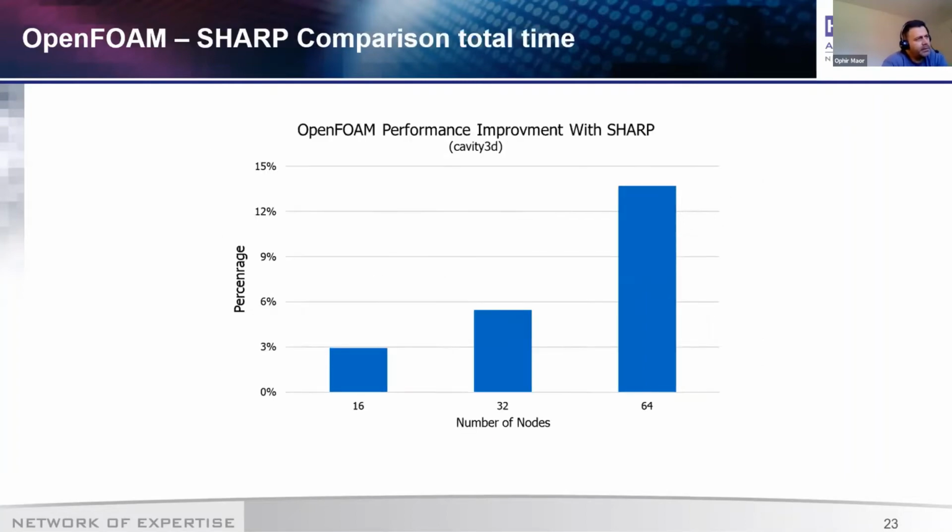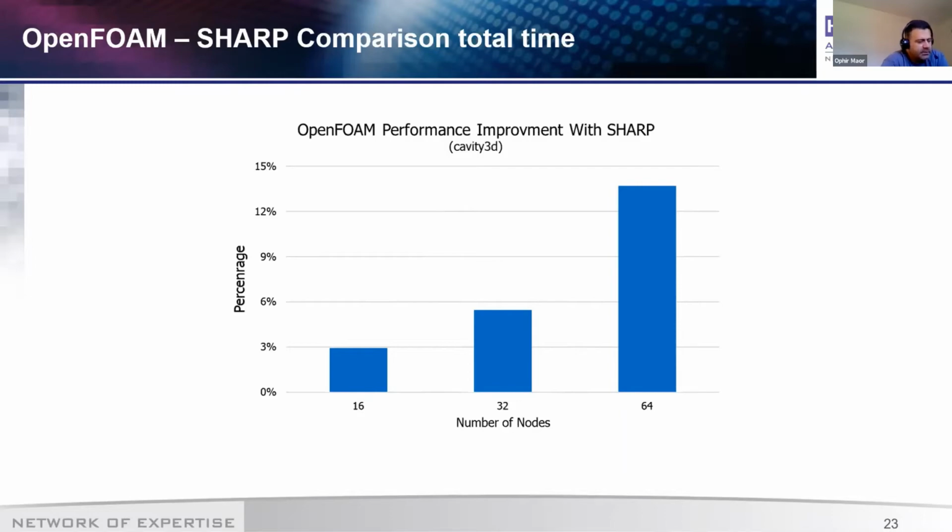When you compare the performance improvement when we added SHARP to the network, a reduction was done with the SHARP on the switches, and the MPI total time was decreasing by doing that.